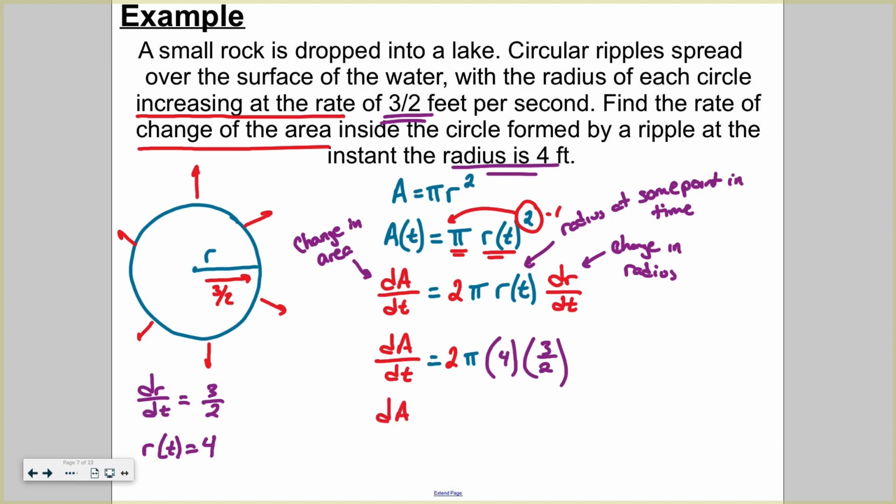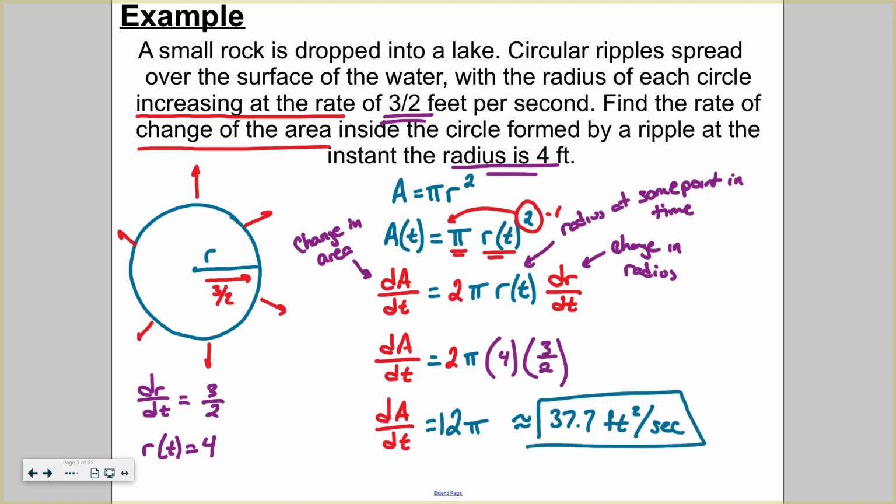So dA over dt is going to be equal to 8 pi times 3 over 2, which is 24 over 2, which is going to give us 12 pi, which is approximately 37.7. And this is going to be feet squared per second. So you have 37.7 feet squared per second.